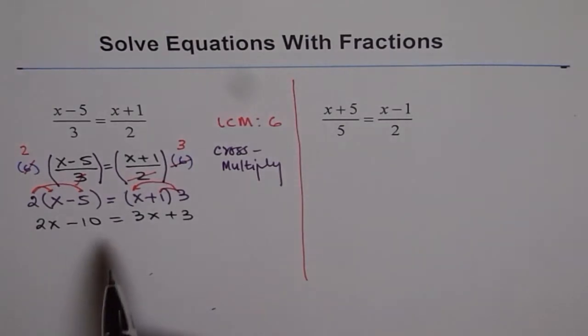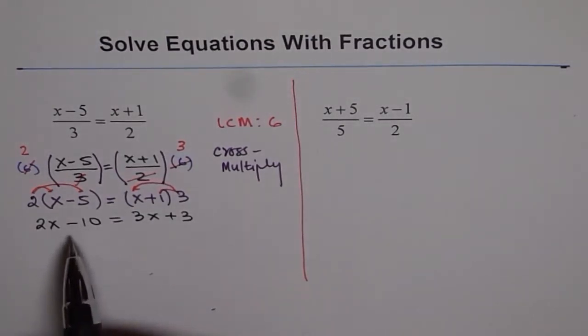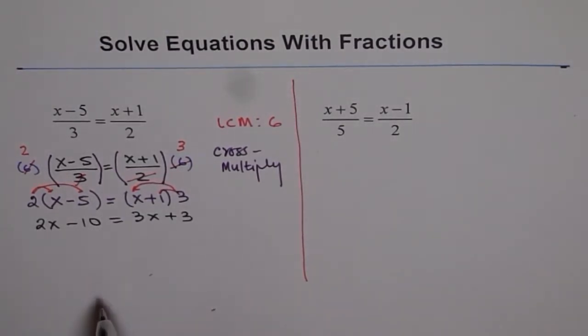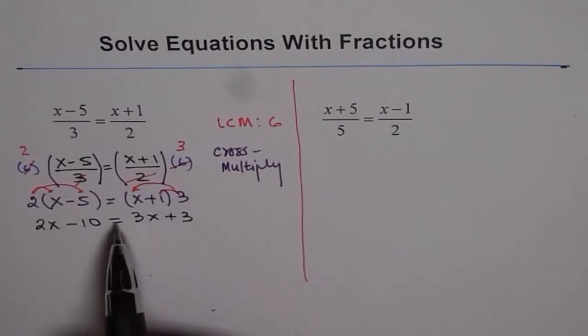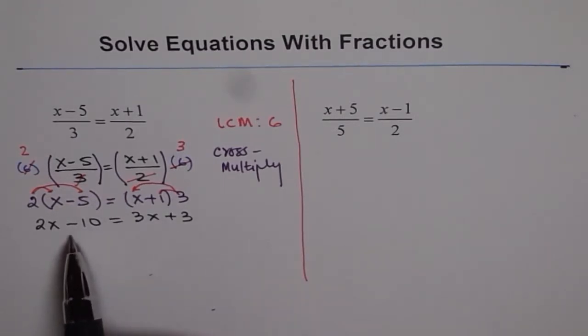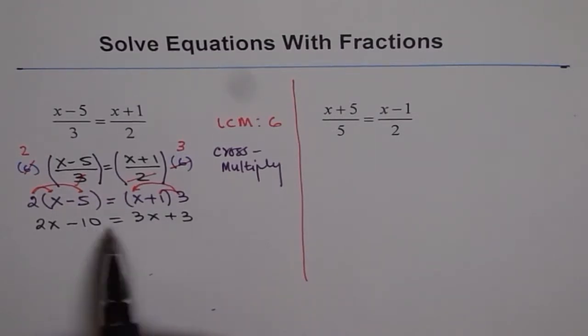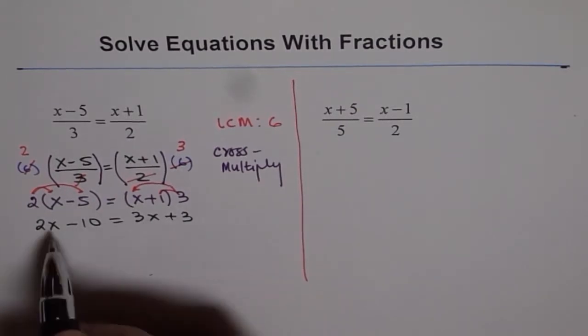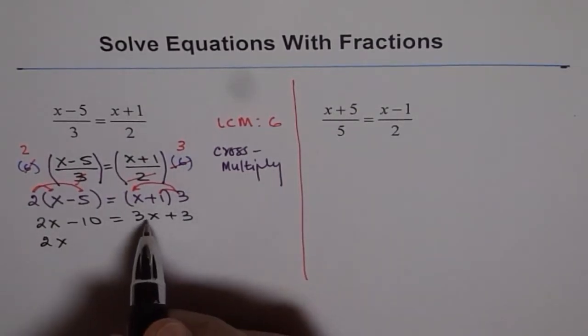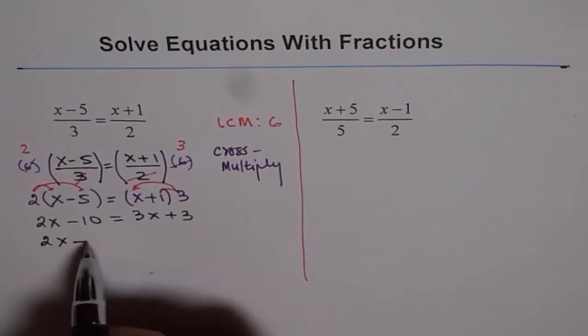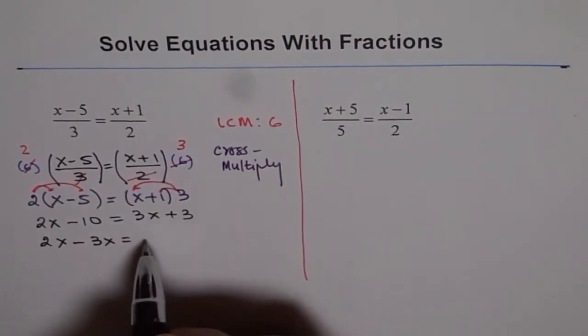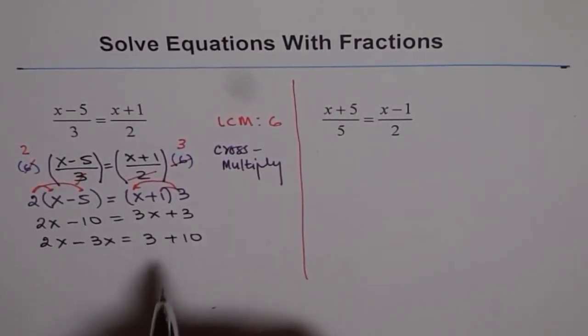Next step is bring variables together and the constants together. I always prefer to get variables on the left side and constants on the right side. So we have 2x, and when we bring 3x to the left, it becomes minus 3x, equals 3 plus 10.